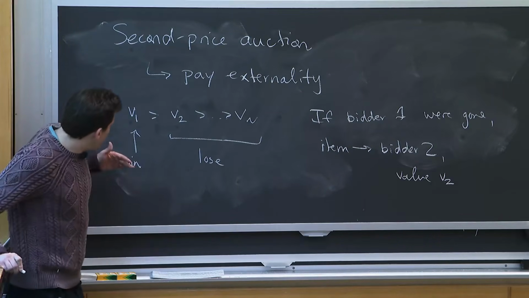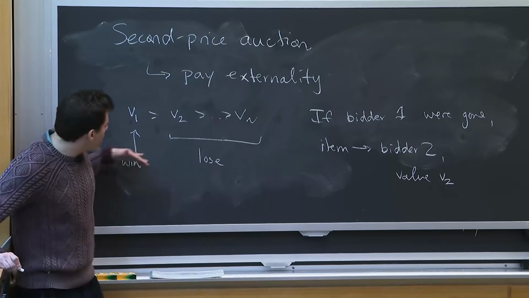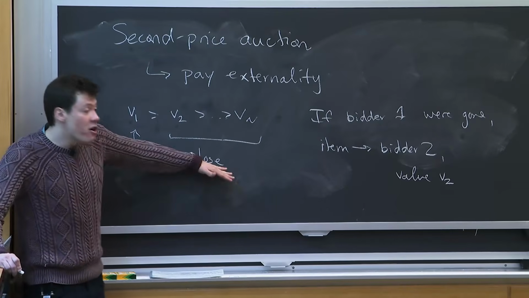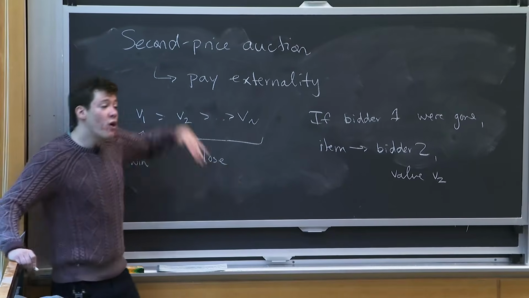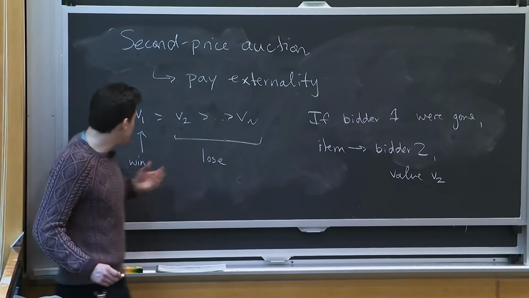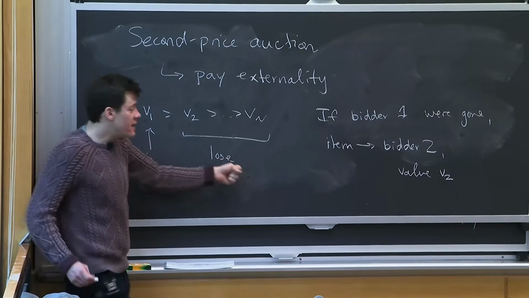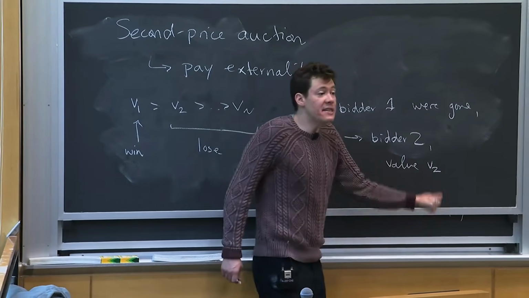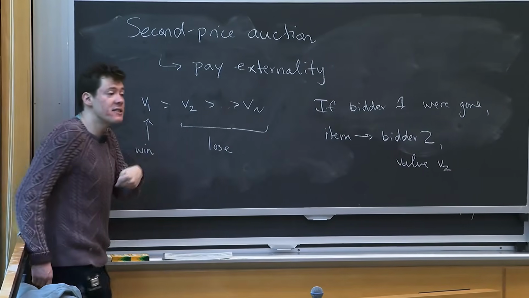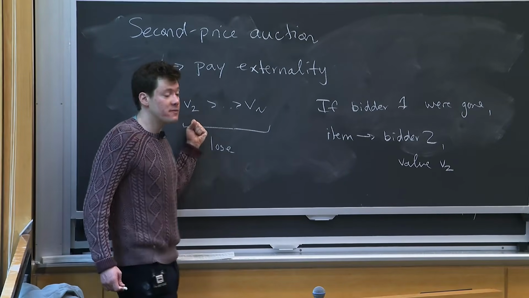So we can think of it as, well, the total value that everyone other than bidder 1 gets is 0 when bidder 1 is here, and would have been V2 if bidder 1 were not present. So the externality that bidder 1's presence, or bidder 1's bid, imposes on everyone else is exactly V2, because they take the item away from everyone else, and the most efficient allocation of it to everyone else would have been to bidder 2.